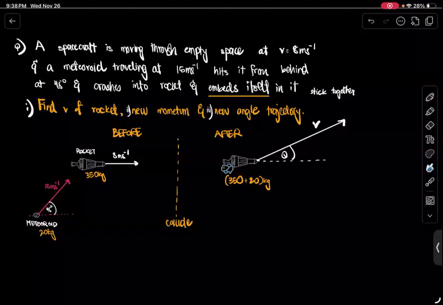Yes, Abiha. Any ideas how to solve this? I'm trying. It's okay if you can't do it, but I just want you to think what possible ways we could do this.